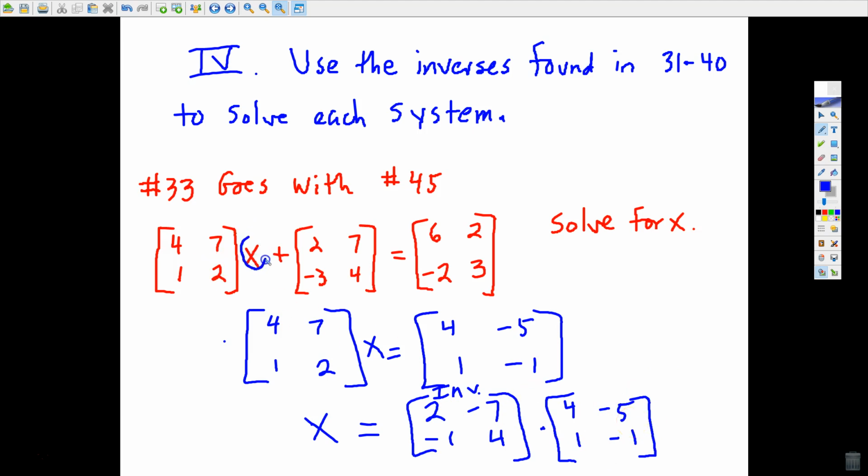And that should be the missing matrix of this problem represented by X. So take a minute, see if you get it. And I got the answer up here. Is everybody able to get that?